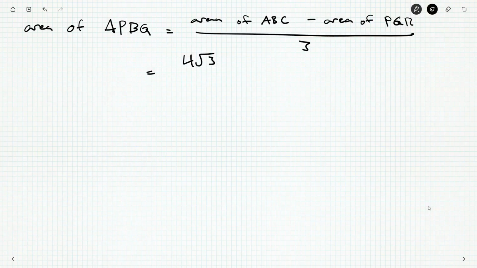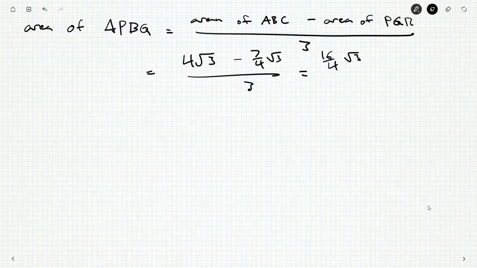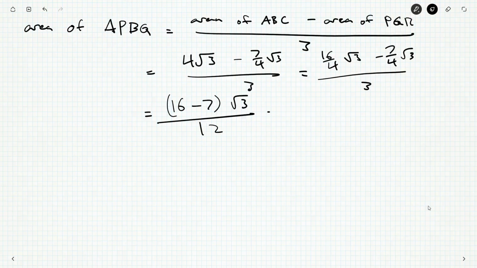So this is 4 root 3 minus 7/4 root 3 all over 3. So this is 16/4 root 3 minus 7/4 root 3 all over 3. 16 minus 7 root 3 will bring the 4's down all over 12. So this is 9 root 3 over 12. Some 3's will cancel out. We'll be left with 3 root 3 over 4.